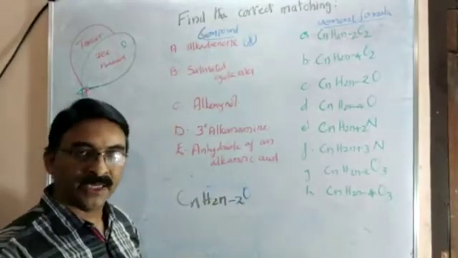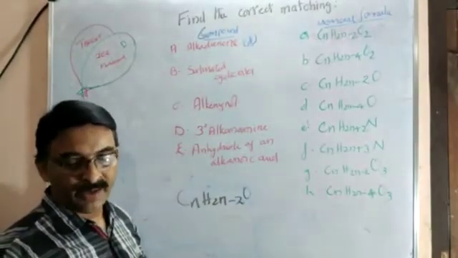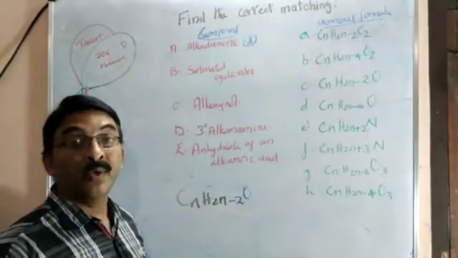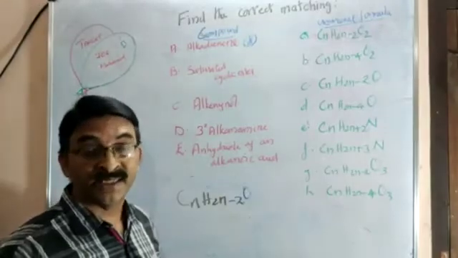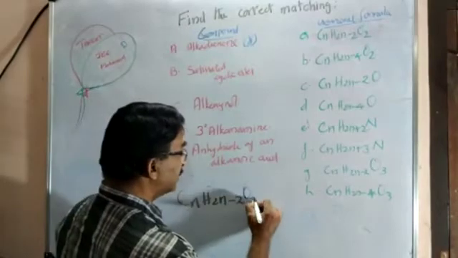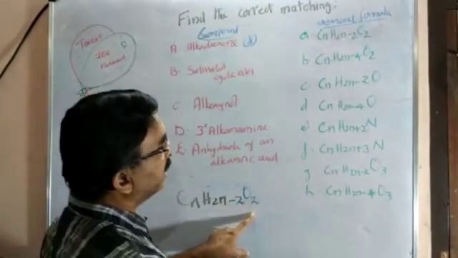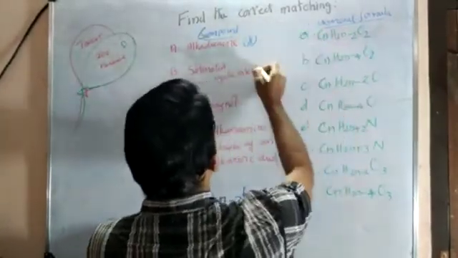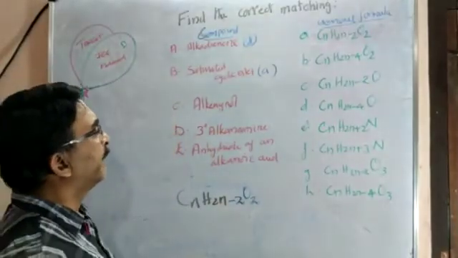Now you also insert another oxygen so that the ketone becomes a cyclic ester. Cyclic esters are called lactones. So cyclic ester is CnH2n-2O2. So the saturated cyclic ester has the general formula A.